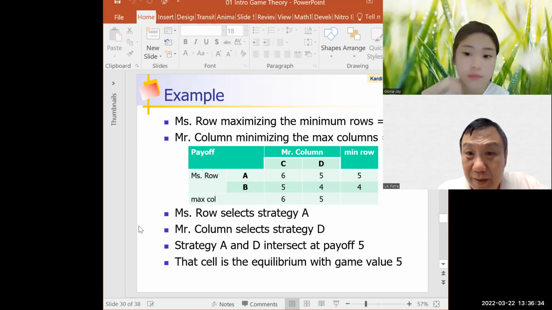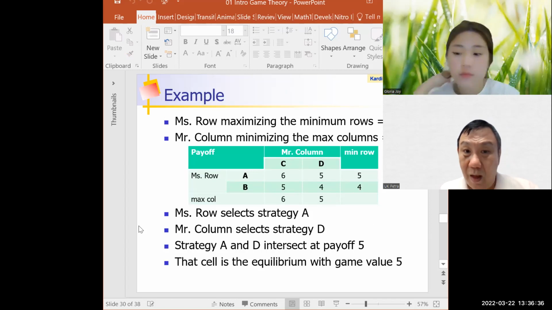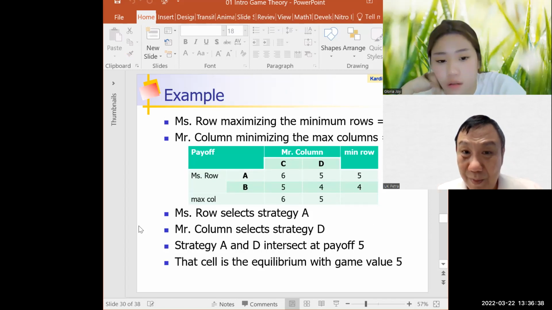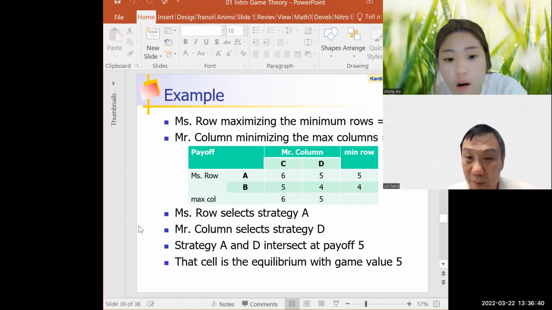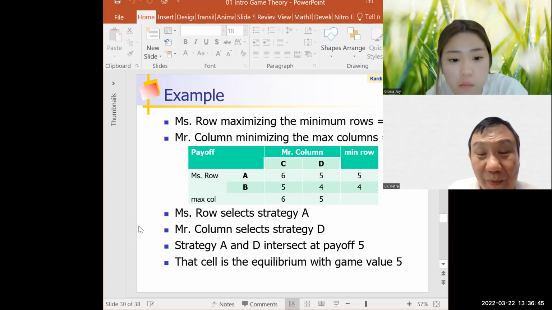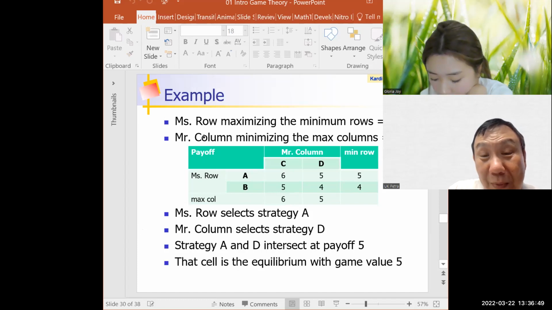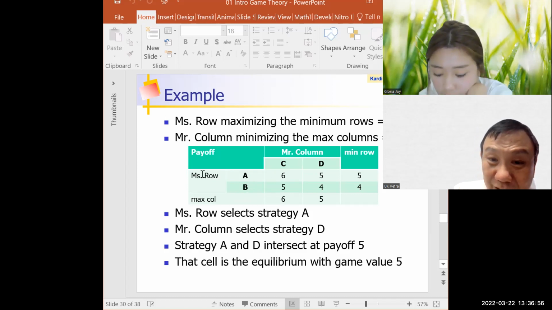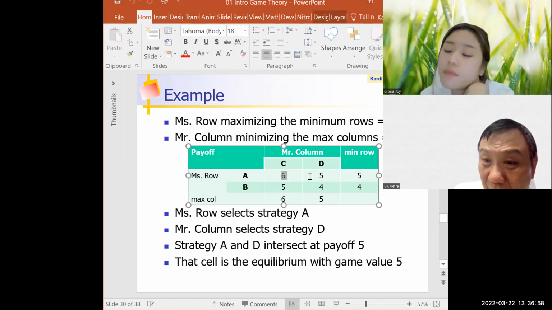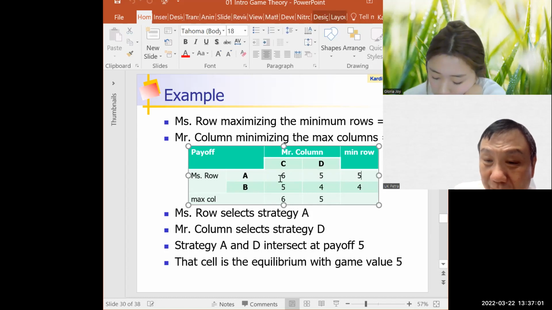So we can check how you select. Easy. Because this is the payoff of Miss Row, Miss Row will maximize the minimum of each row. So the best strategy for Miss Row is to get the best minimum row. For example, A, between 6 and 5, what is the minimum? 5.